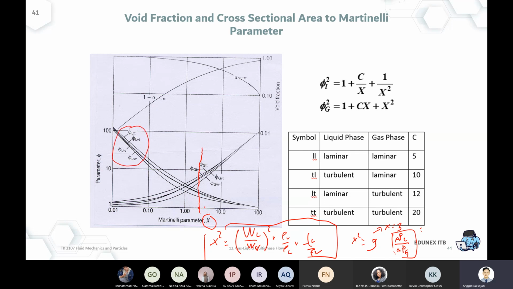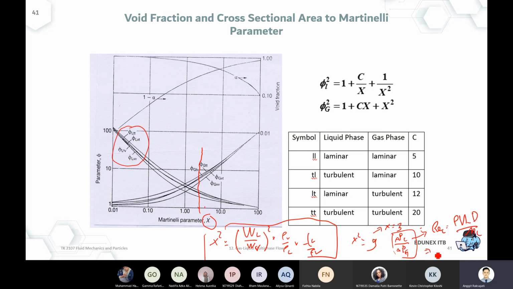And then which case am I working with? You have 4 different sets over here: turbulent, laminar, turbulent, and so on. Because when you perform this calculation, you must calculate the Reynolds number for the liquid part only, equal to rho U liquid diameter per mu liquid.